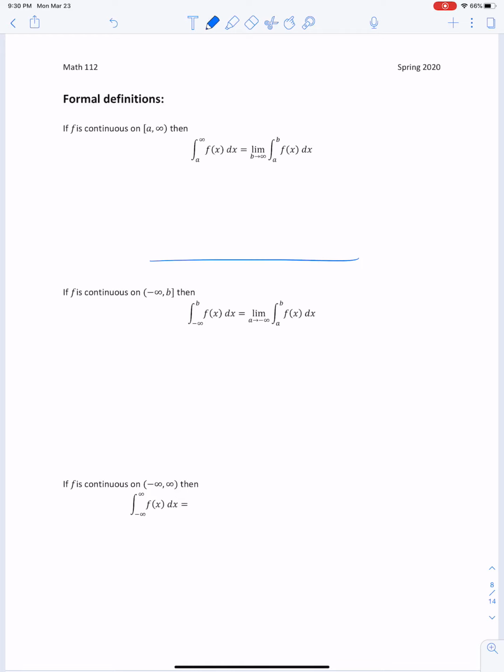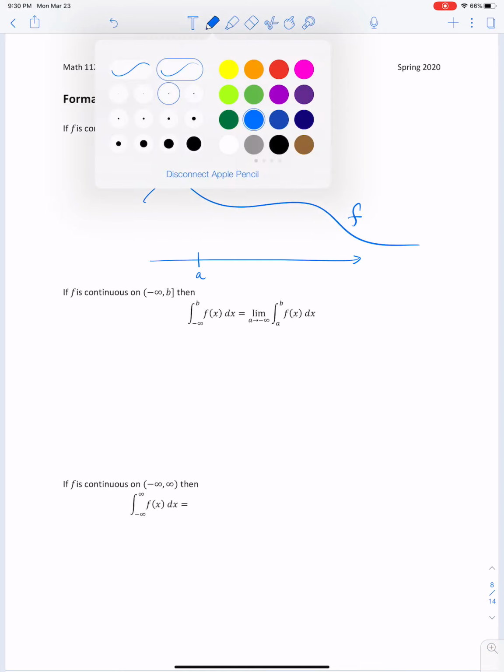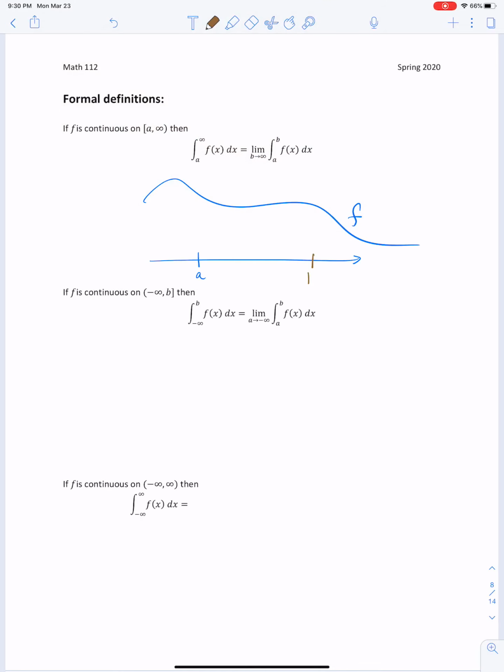In the first case, we want to integrate from a all the way out to infinity some function f. So we pick a value b that's larger than a, find the area between a and b, and then take the limit as b goes towards infinity.